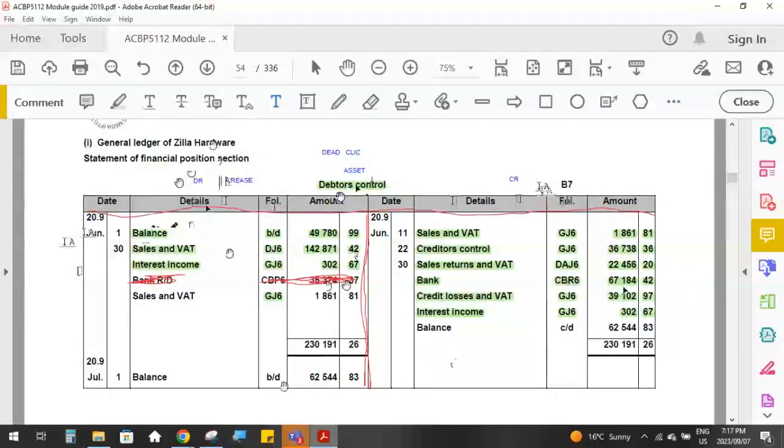Assets increase on the debit side and decrease on the credit side. Okay, guys, so that's the most important thing on this question that I really wanted to go through with you: this debtors control account, to make sure that you understand it and that you can practice it.